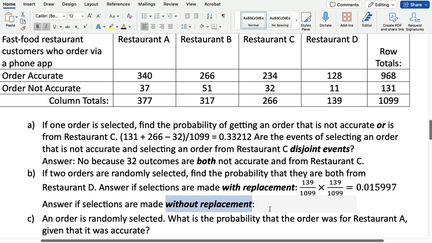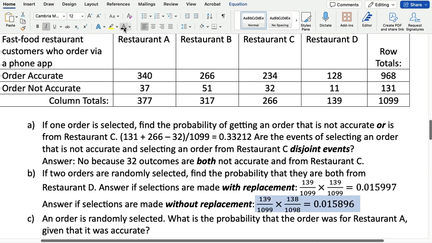So we've already removed one from the pot, if you will, or the file folders. So there's one missing. And so if you've already removed a restaurant D, then we're down to 138, and the total is also down by 1 to 1,098 instead of 1,099.